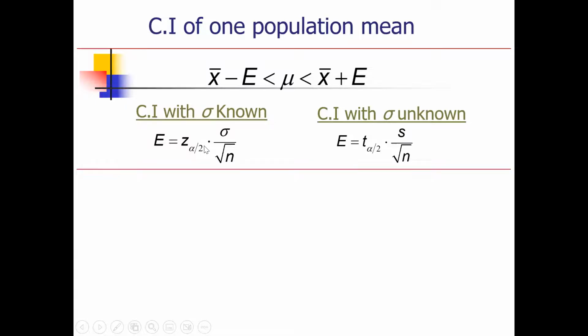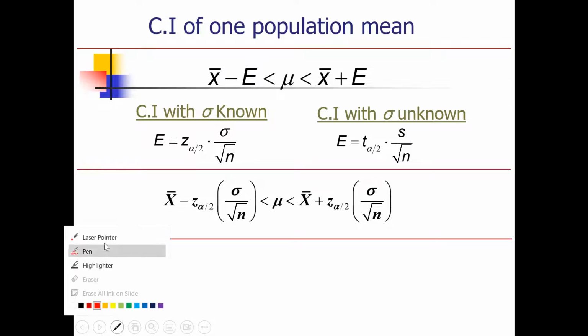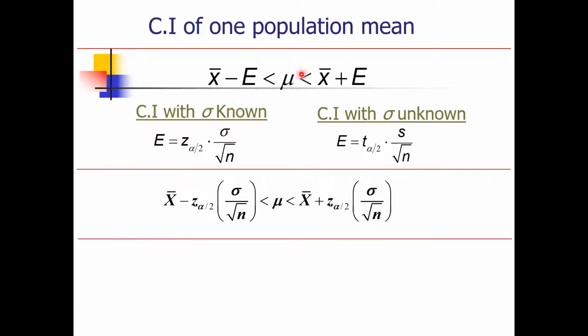Depending on your value for E, if you plug it into this formula, you can get this extended formula. So this is the confidence interval formula, right? If you remove E and plug in the Z equivalent of your E, you're going to get this formula.